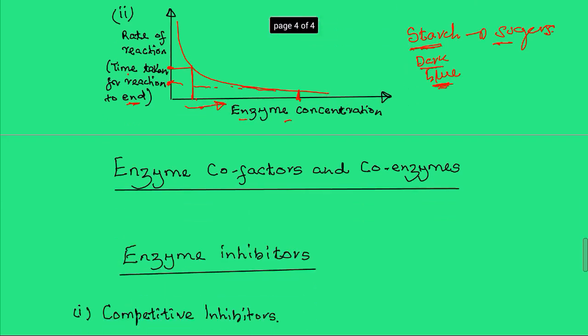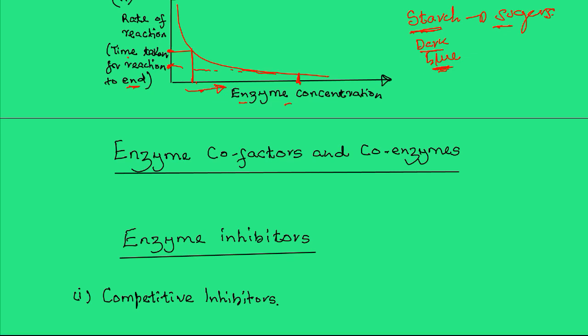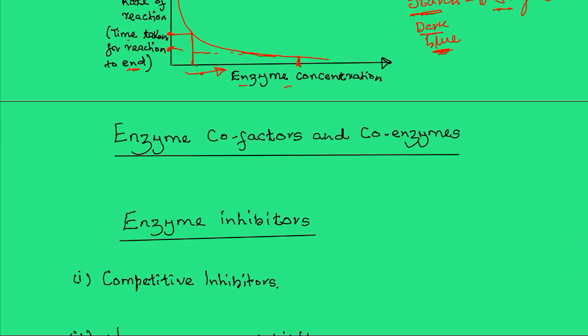Then you also have other factors that do affect enzyme controlled reactions, and these are enzyme cofactors and coenzymes. Now, enzyme cofactors are non-proteinaceous substances which activate enzymes.